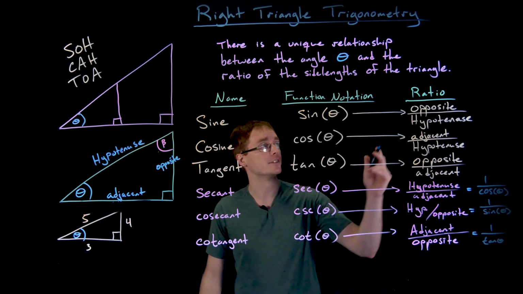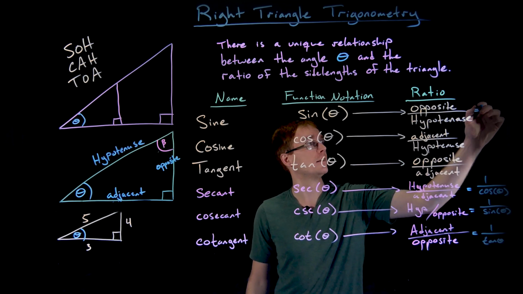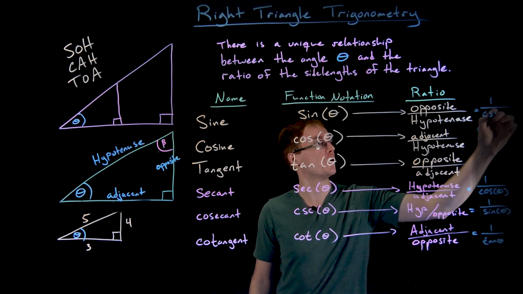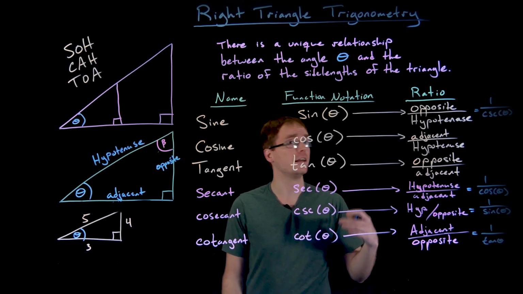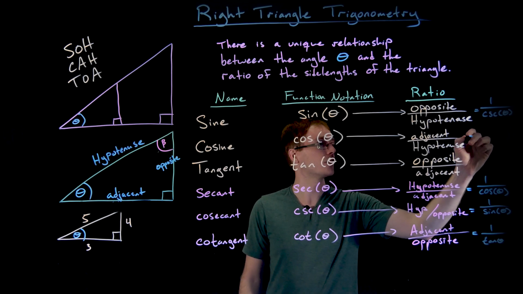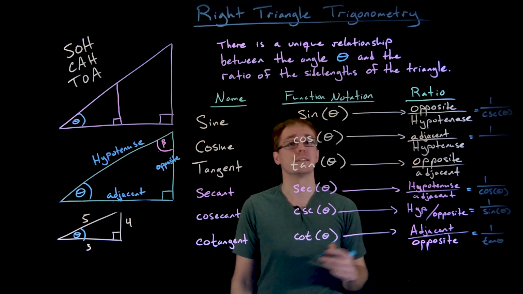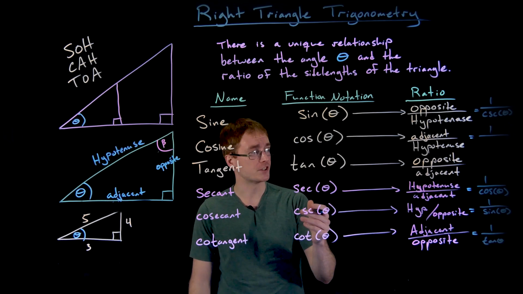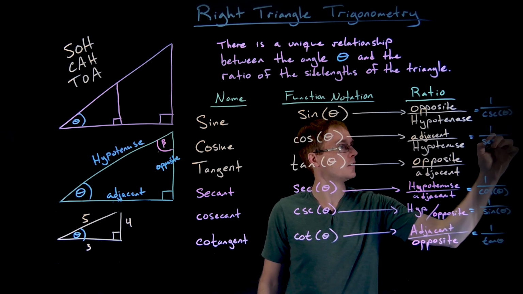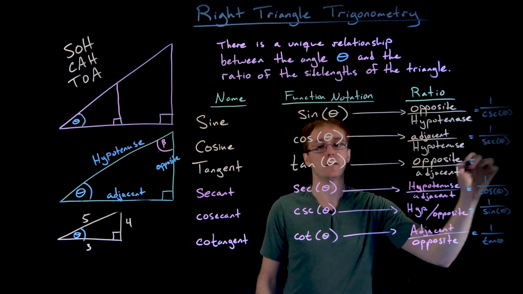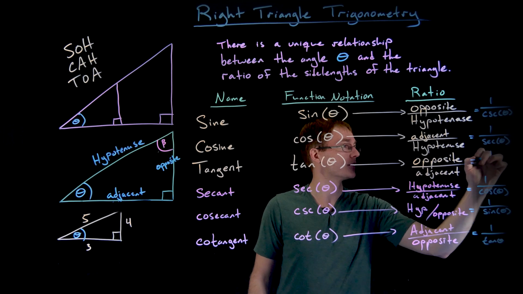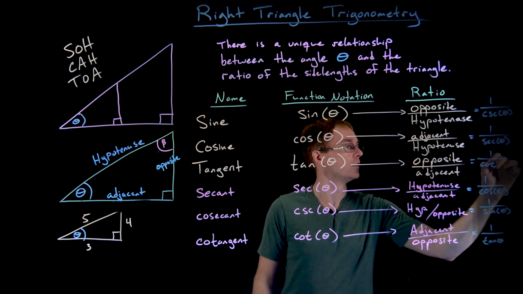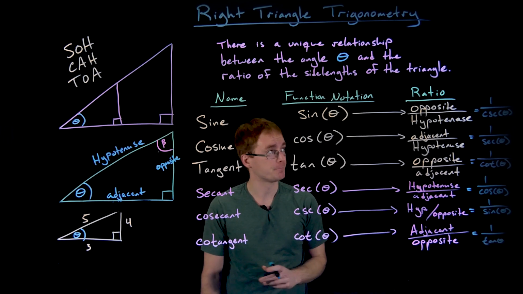Sine of theta is the same as 1 over cosecant of theta, cosine of theta is the same as 1 over secant of theta, and tangent of theta is the same as 1 over cotangent of theta.